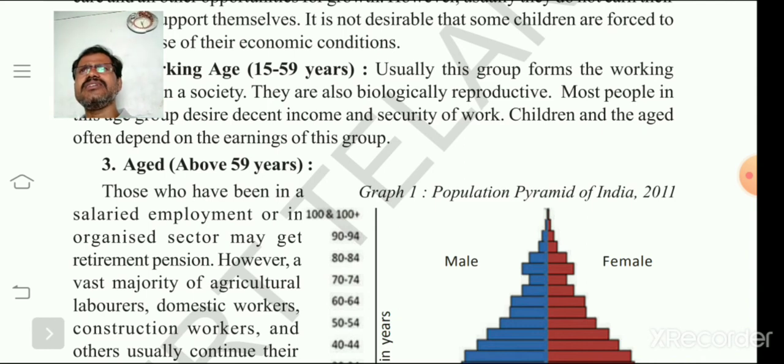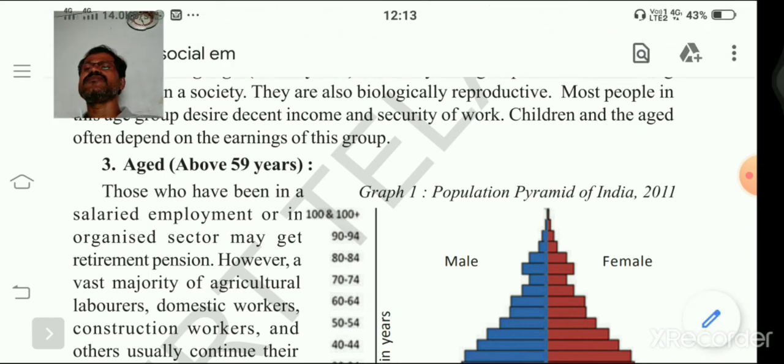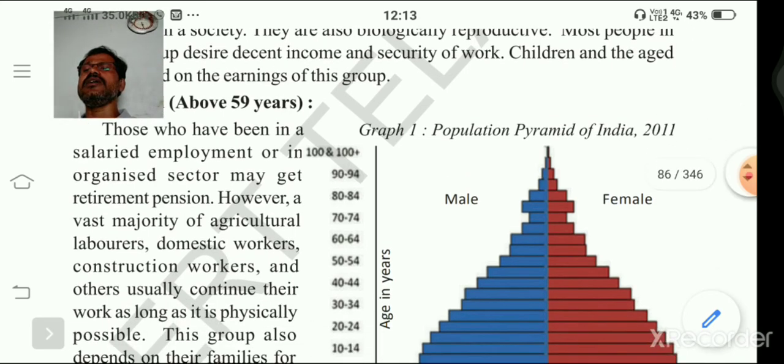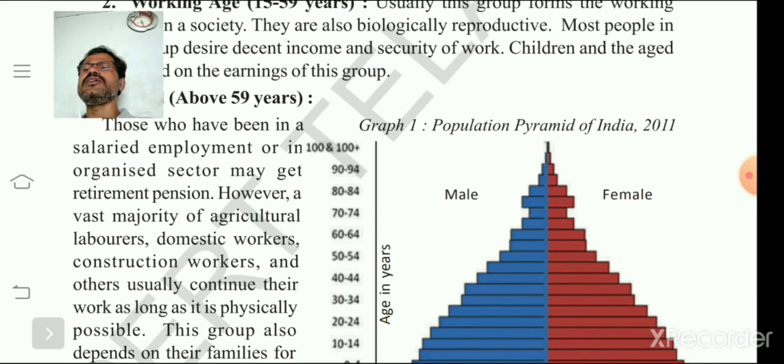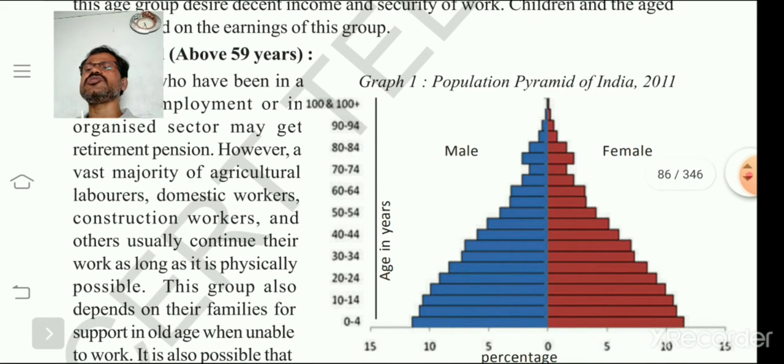They have to fight every day with their capacity to get their needs fulfilled. We see that laborers, agriculture laborers, domestic workers, construction workers like Rajeshwari and others usually continue as long as physically they can do. So this group also depends on their families for support.